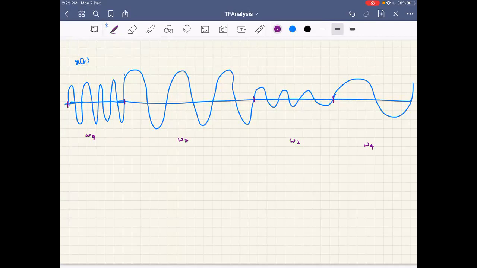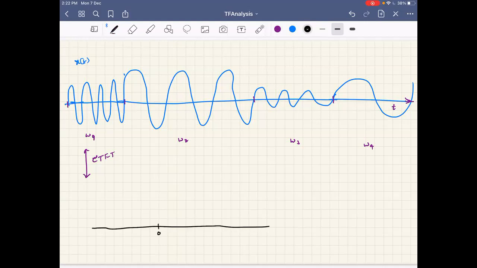However, now if I take the Fourier transform of this x of t, either the discrete Fourier transform or, as I have sketched in the continuous domain for ease of understanding, the continuous time Fourier transform, the Fourier transform shows up very clearly the dominant frequencies of this signal.